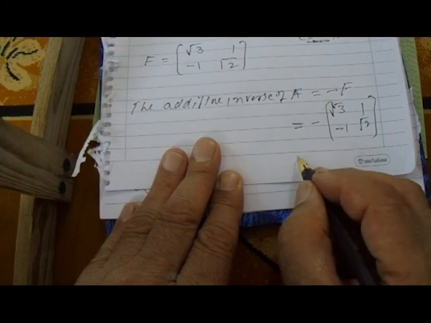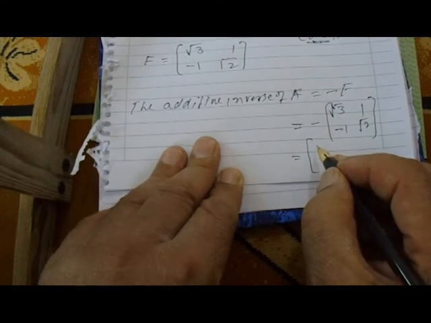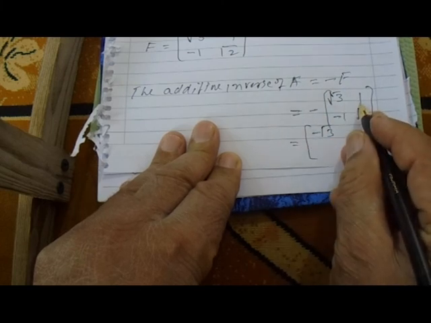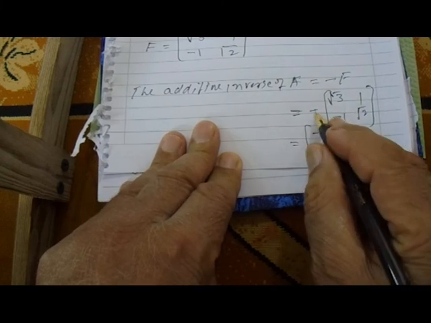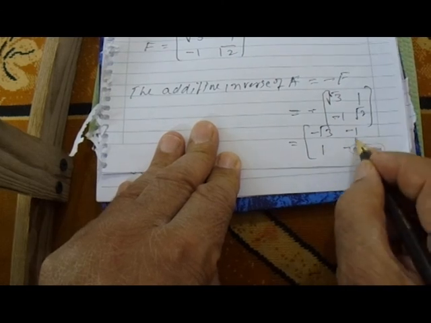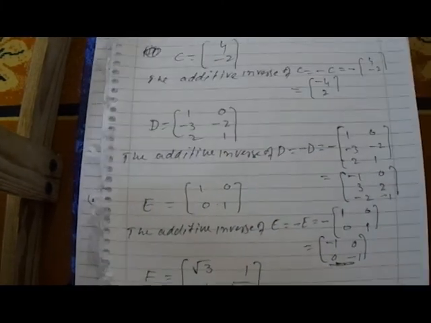Now you only change the sign: under root 3 becomes minus under root 3, 1 becomes minus 1, minus 1 becomes plus 1, and under root 2 becomes minus under root 2. Now this is the additive inverse of F.